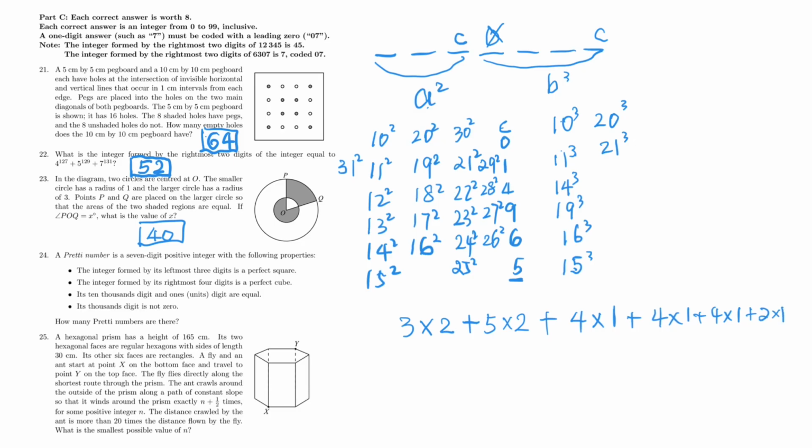So all the 7-digit numbers that satisfy the properties are 6 plus 10 plus 4 plus 4 plus 4 plus 2, that is 30 total, equals 30.